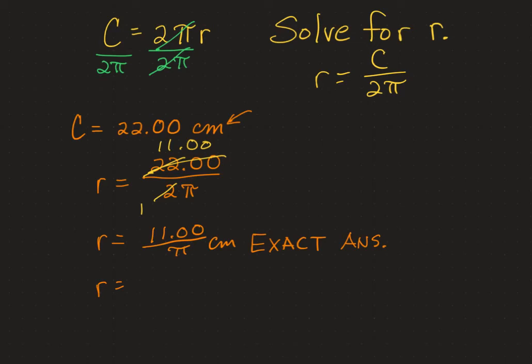And in this case, if you punch into your calculator 11.00, or just 11, because it's your calculator, you can get away with that, and divide it by the pi button on your calculator, you're going to get 3.501 centimeters. And that is an approximate answer.